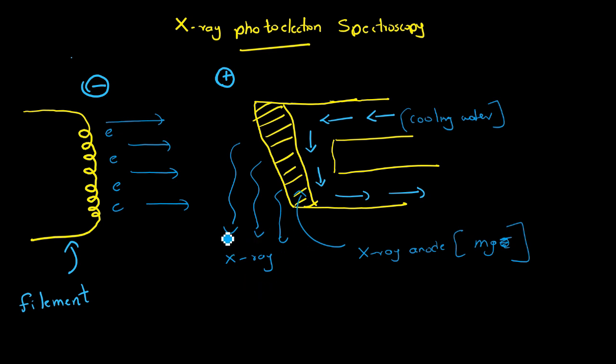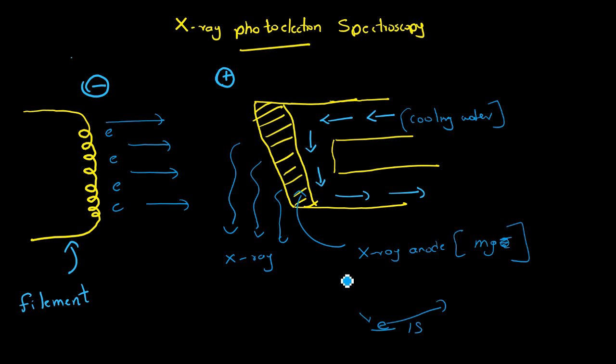If you are wondering how the impact of these high energy electrons creates X-ray photons, basically what happens is, when this electron collides with the magnesium surface, there will be vacancies in the lower energy level of your magnesium, let's say the 1s. This electron will collide with electrons in the 1s, and this electron will pop out. So there are vacancies now in the 1s.